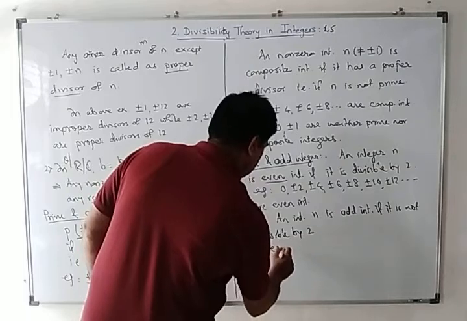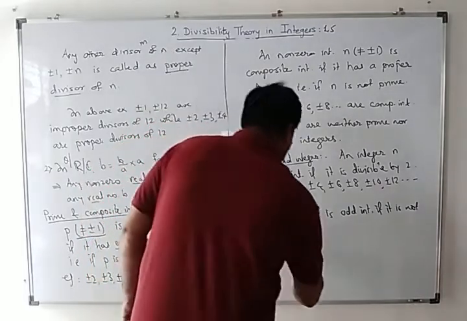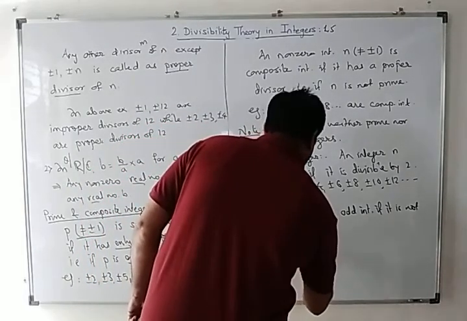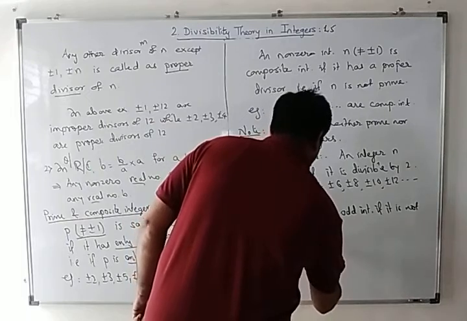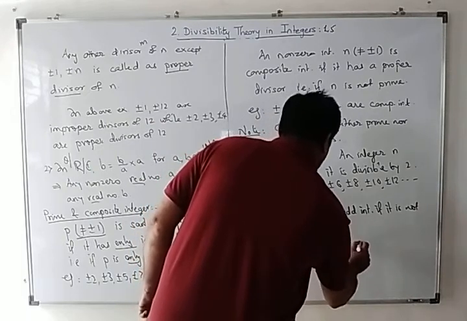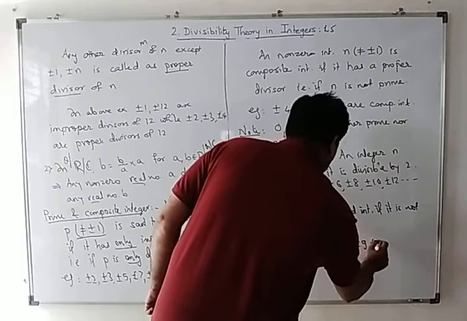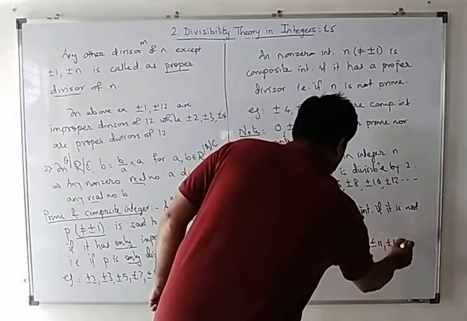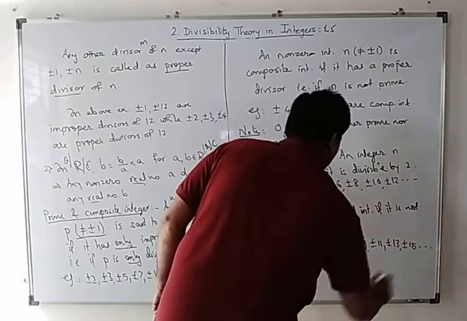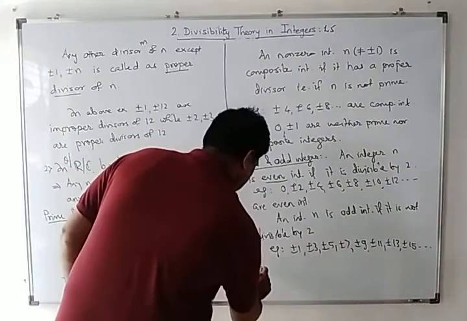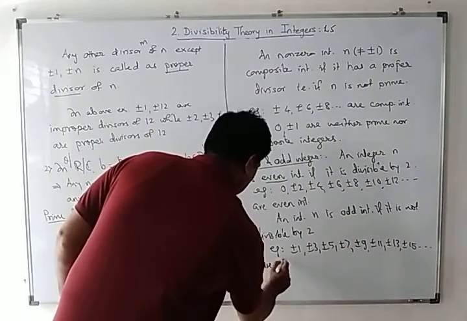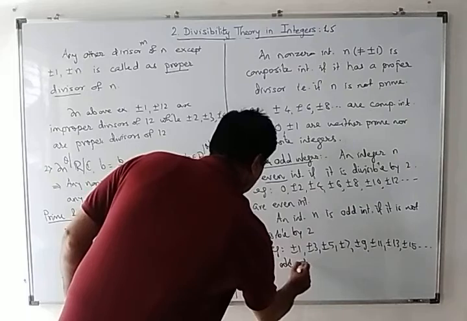Example: plus minus 1, plus minus 3, plus minus 5, plus minus 7, plus minus 9, plus minus 11, plus minus 13, plus minus 15 and so on are odd integers.